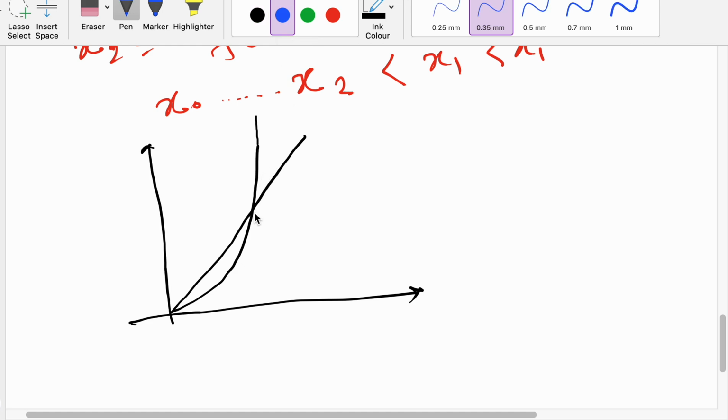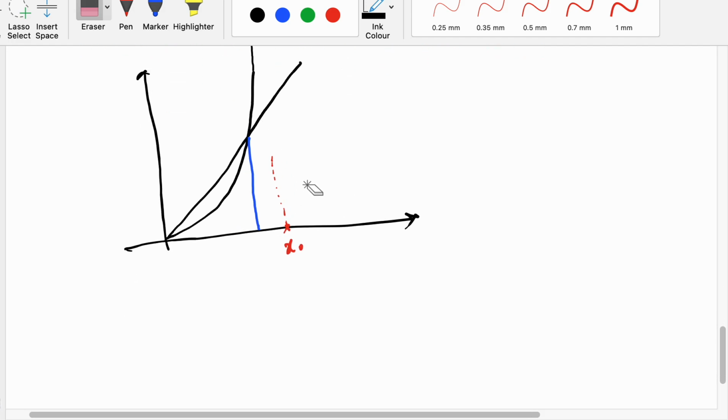where this is, suppose 1. This is 1. Now if I want to see the fate of an initial condition which is greater than 1, suppose this is x0, where will it go? First we take a horizontal line that will hit here.